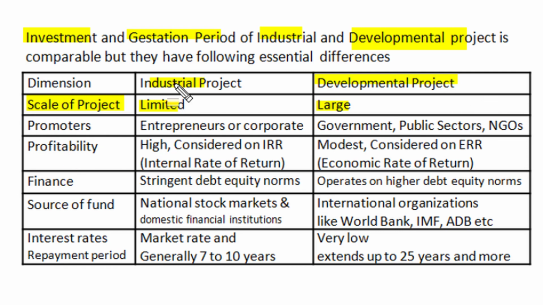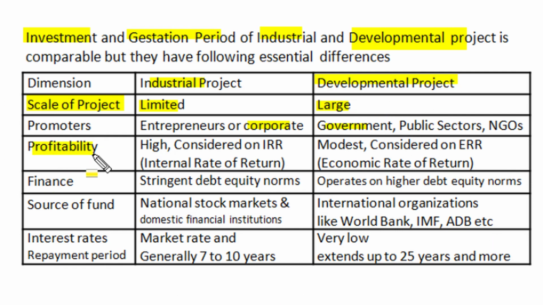Promoters of industrial projects are individual entrepreneurs or corporate houses, whereas development projects are taken by the government itself or public sector organizations, or non-government organizations undertake such social projects.